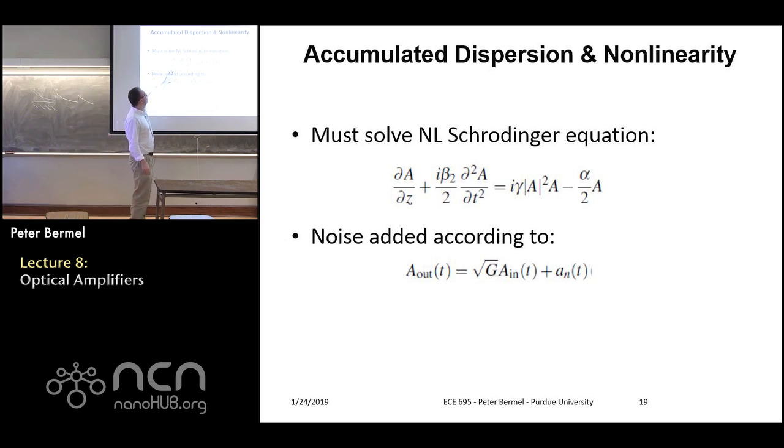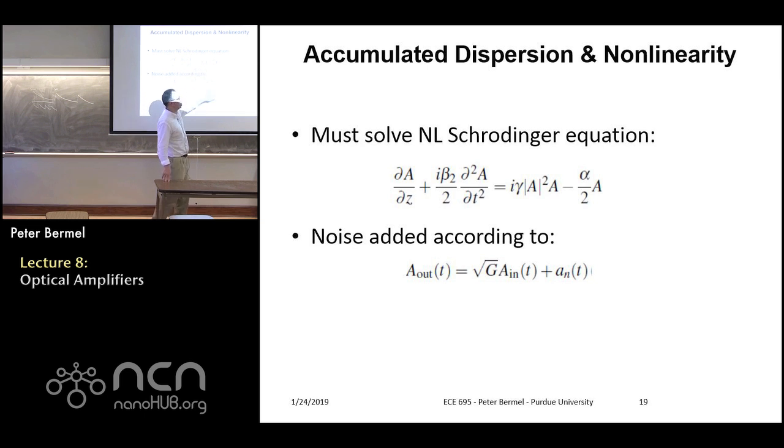Okay, so the whole point of this is that we have different terms here, right? dA/dZ is measuring propagation along the axis of the system. This second time derivative is a measure of the dispersion of the system.